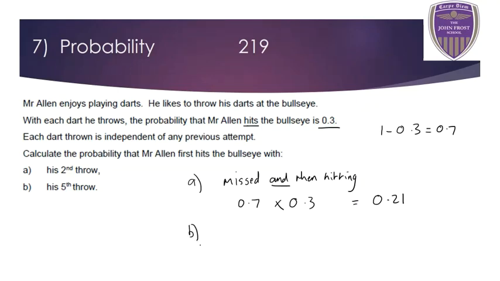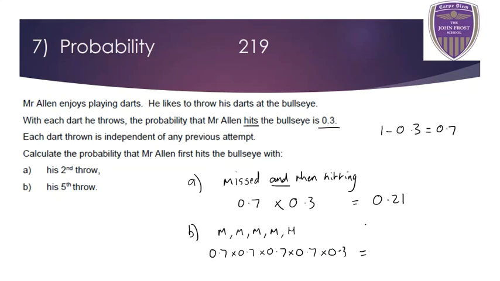The probability he hits it for the first time on his fifth throw means he would have missed, and hit. So on this type of question, it would be 0.7 multiplied by 0.7 until we get to the first time he hits it. A bit unrealistic without a calculator.